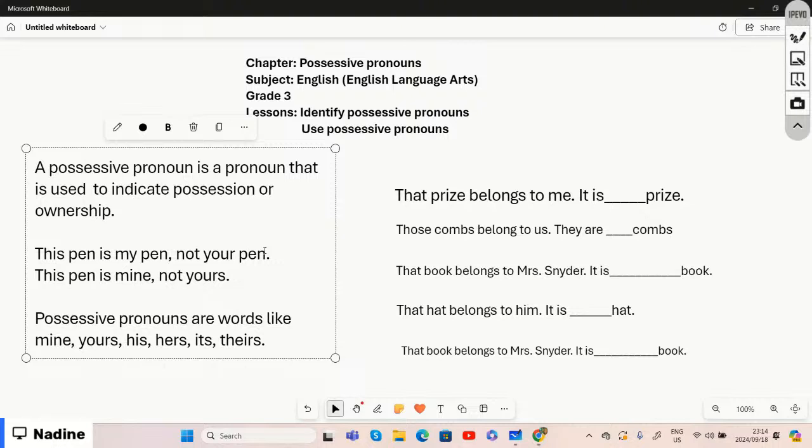If we were to say this, that prize belongs to me, then what should we say? It is prize. It is what prize?